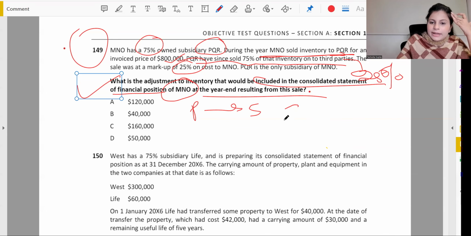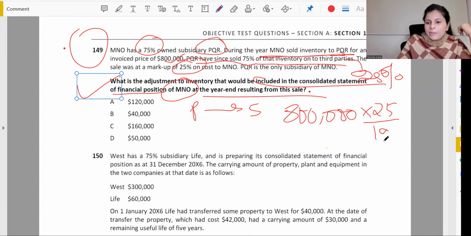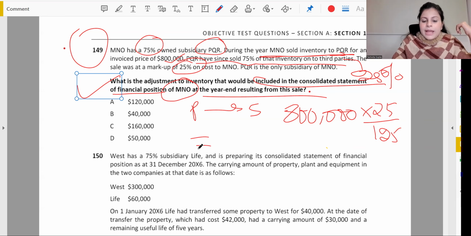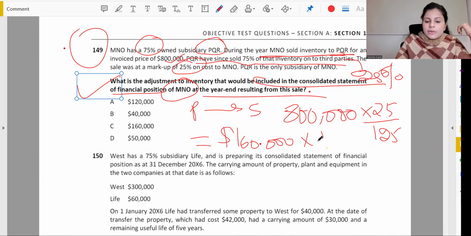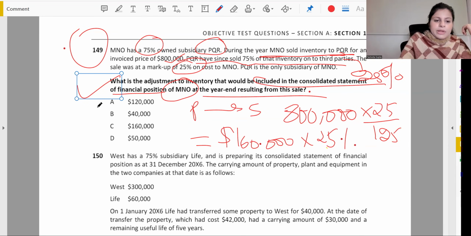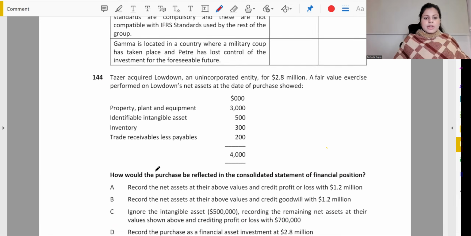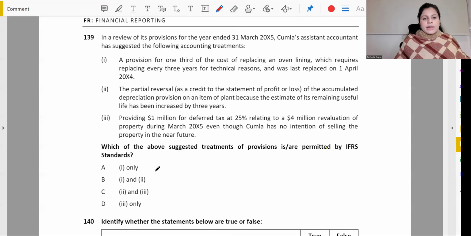So you will say 8 lakh into 25 by 125 because it's a markup, or you can do the let the cost be X method. So what you get as your PURP is 1,60,000. But out of this, only 25% are still in the inventory. So this comes out to be 40,000. My answer is B, 40,000. Yes. Next. Done with the consolidation.